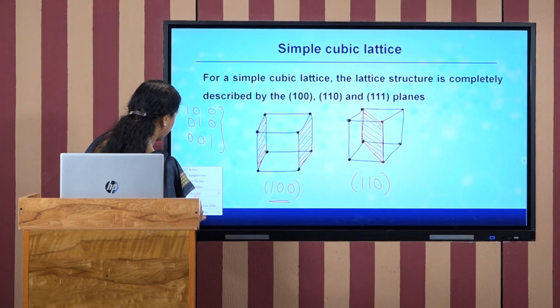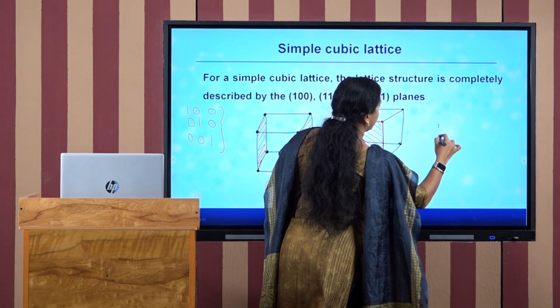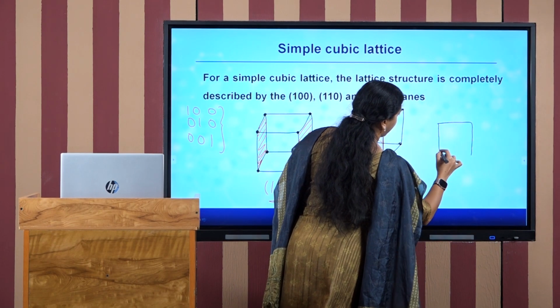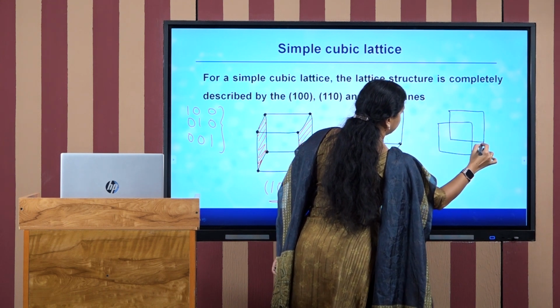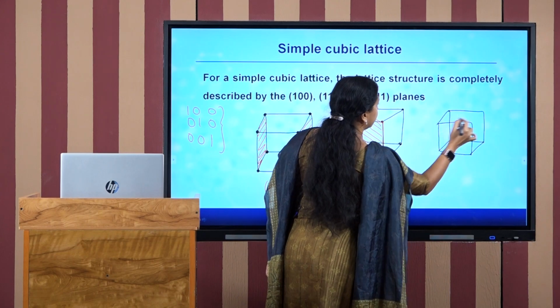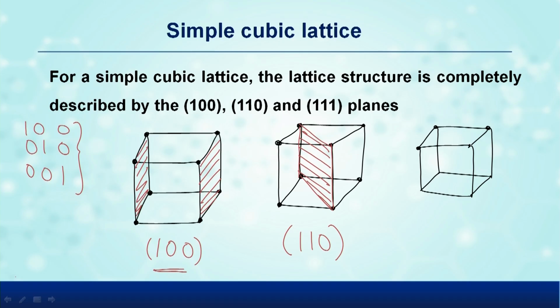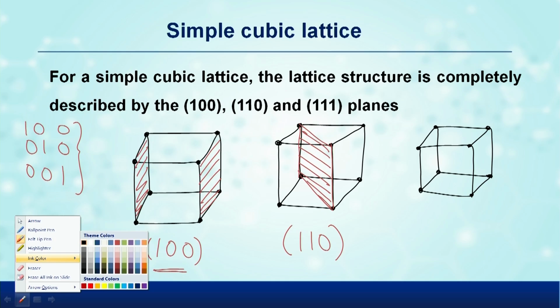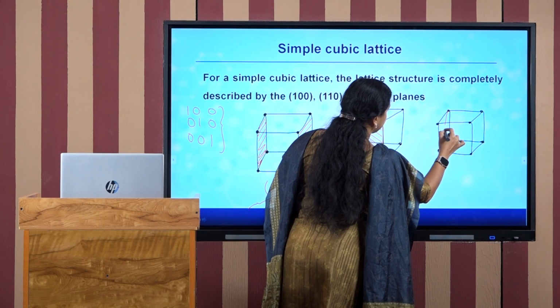Now, we will move on to the 1 1 1 plane. Mark the atoms at the corners. When it is a 1 1 1 plane, that means the plane cuts all the three crystallographic axes.